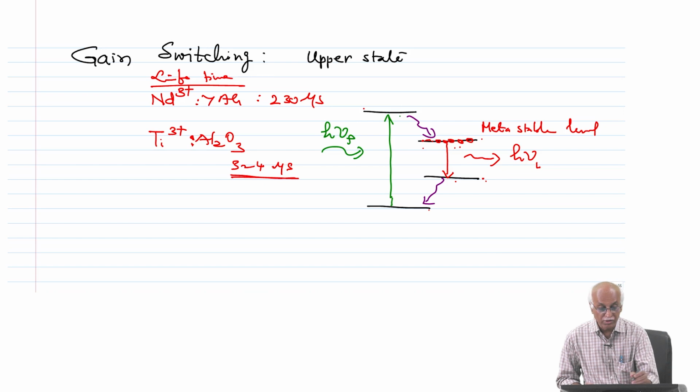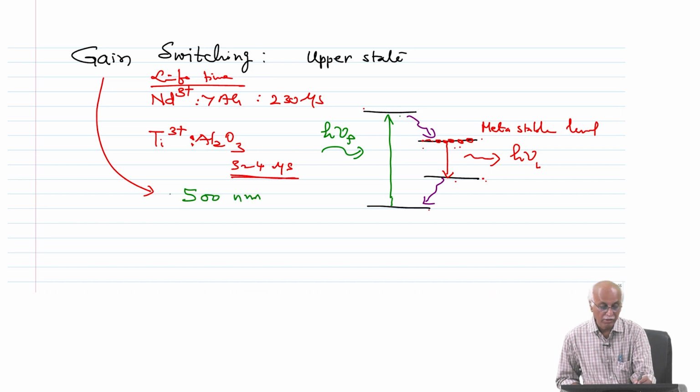So, the technique used is gain switching. In gain switching, the titanium sapphire laser is pumped with another laser, which is also a Q switched pulse laser. The pumping wavelength for the titanium sapphire laser is around 500 nanometer, which is green color.